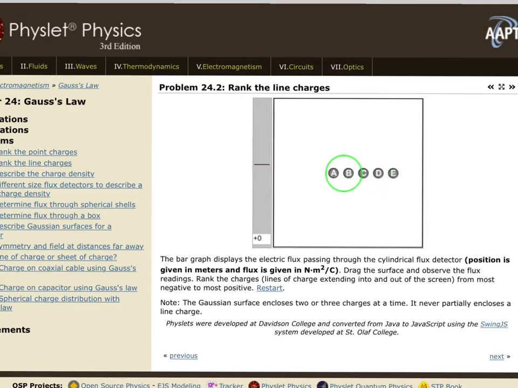So you're going to have to do some sampling and use some algebraic logic to figure out the flux through each one individually. You cannot measure it directly. You're going to have to calculate it from measurements.